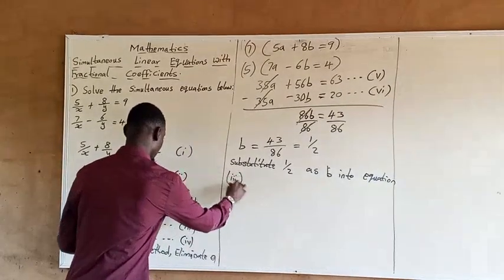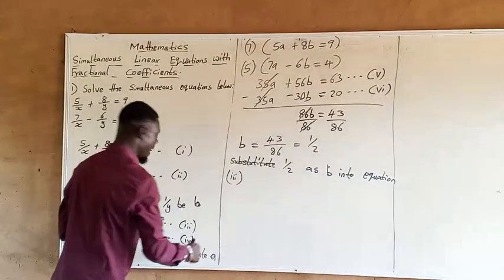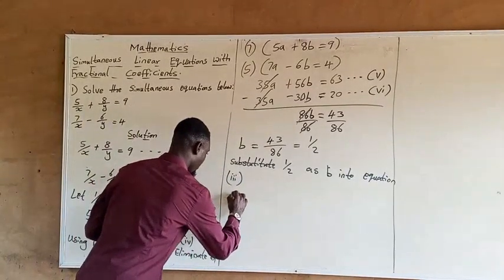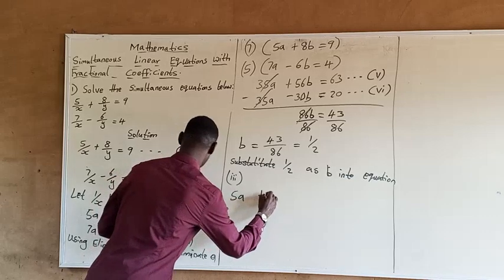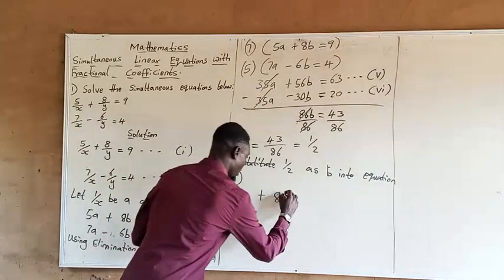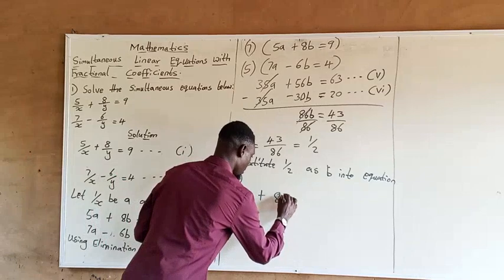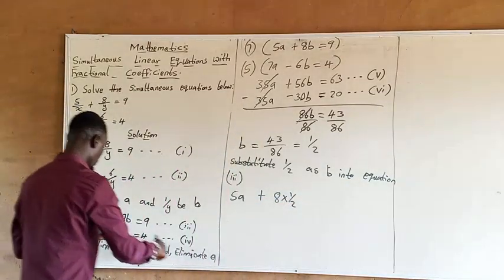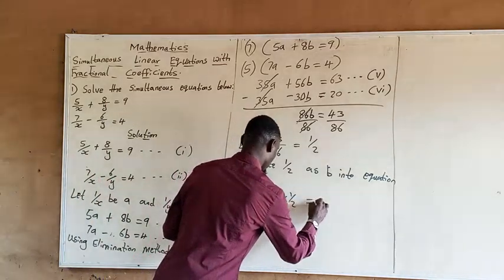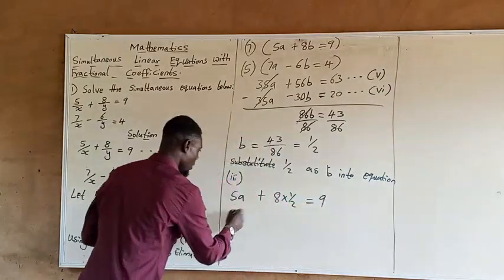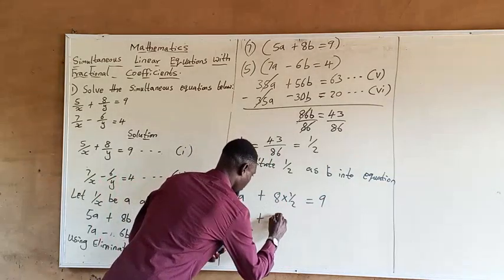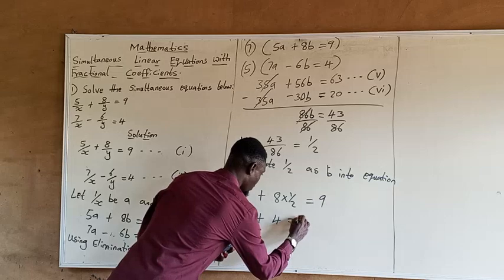Anywhere we see b, we'll put this value. So we have 5a plus 8 times 1 over 2 is equal to 9. Now this will give us 5a plus 4 is equal to 9.